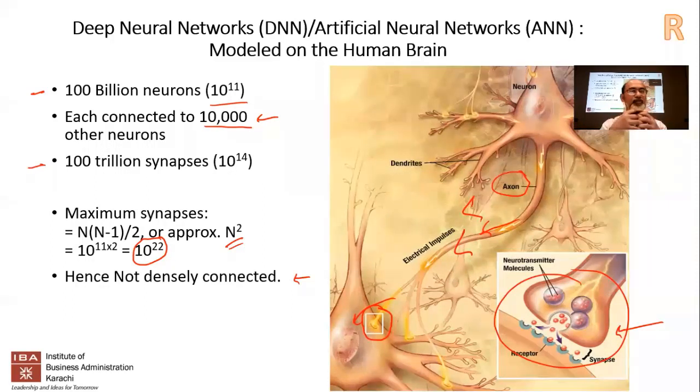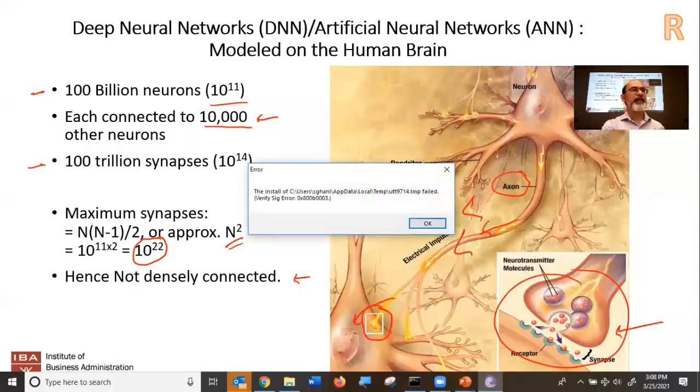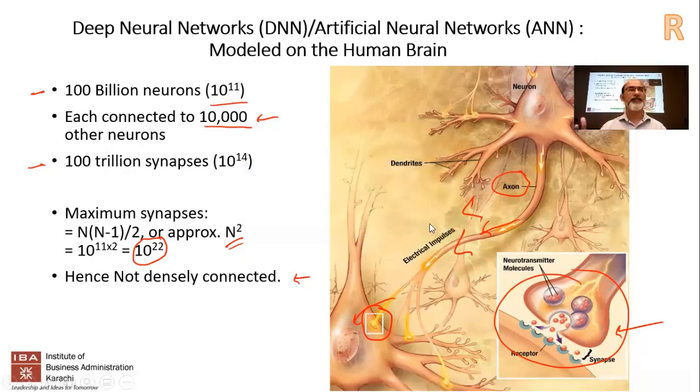If it's very strong, then the signal will easily pass through it. If it's very weak, the signal might initially pass through, but after a few days, maybe you'll forget. Suppose you learn something today for the quiz on Tuesday, and then a week later, you forget.